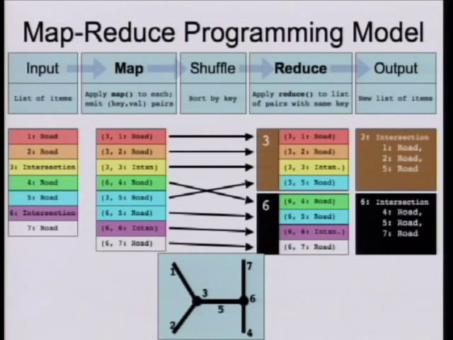And then this shuffle phase happens, which sorts these key value pairs. So you get all the intersections labeled 3 in one place, all the intersections labeled 6 in another, and then reduce is called on each of those sets of things with the same key, and that emits the object at the end. So you end up with a sorted list by ID of all the nodes in the graph. It's pretty neat. It's a little more interesting than counting to be or not to be, I think.